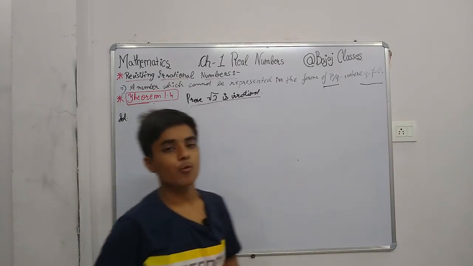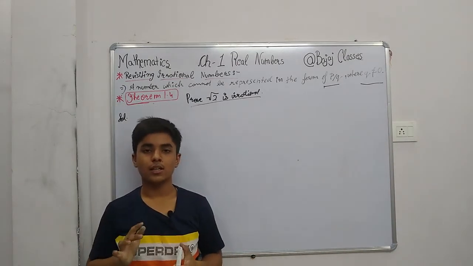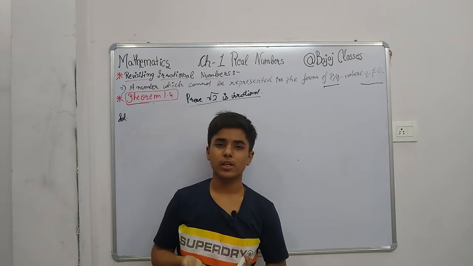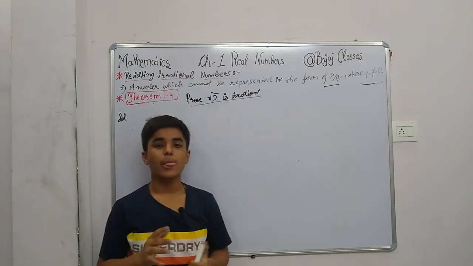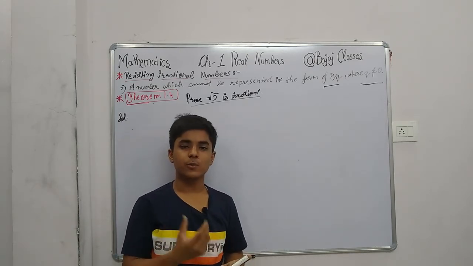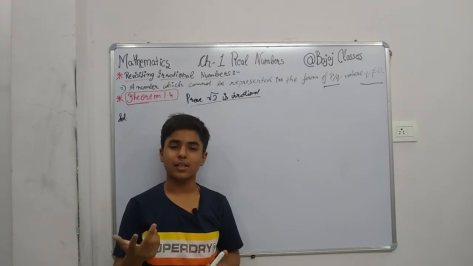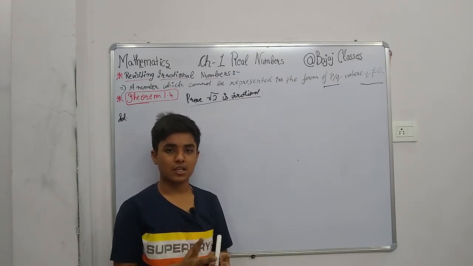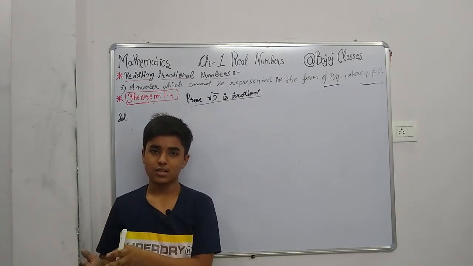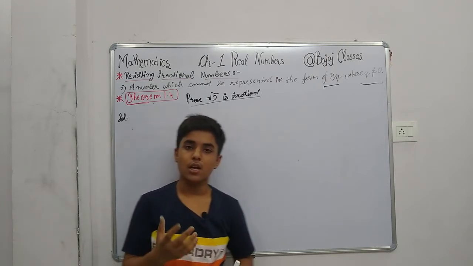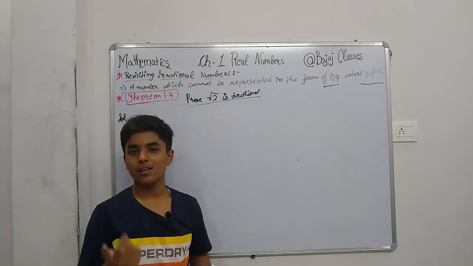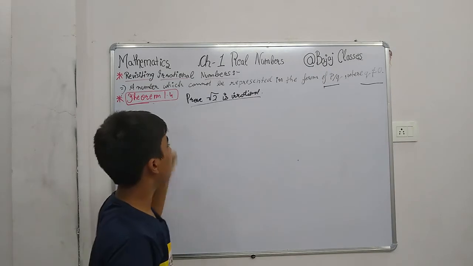So what is a proof? First of all, you know that in 9th class you already read about contradiction. Such a thing which we take as the opposite, means if this is irrational, we will take it as rational, a false statement, which will help us to prove our statement, or the theorem.